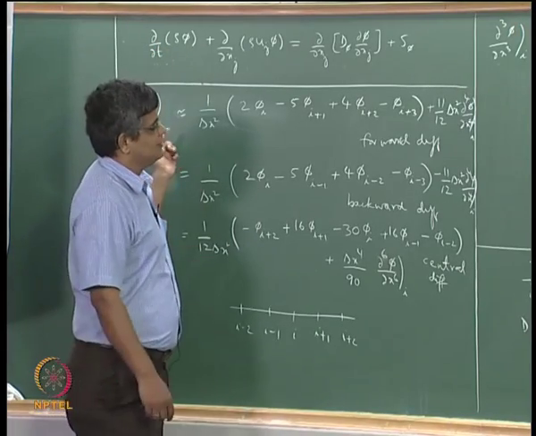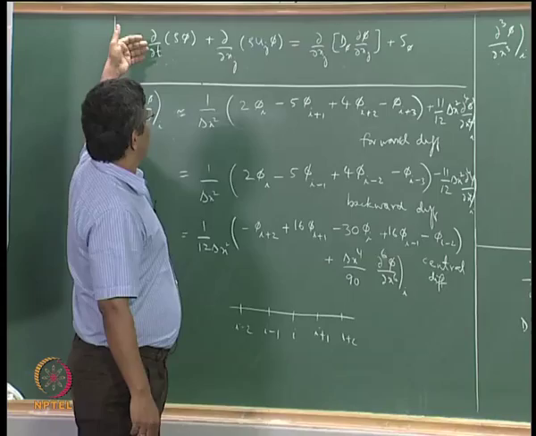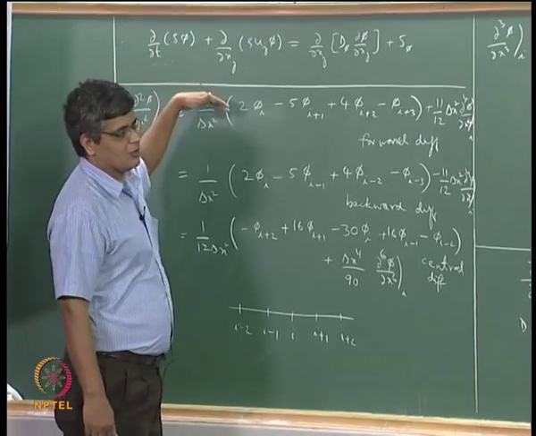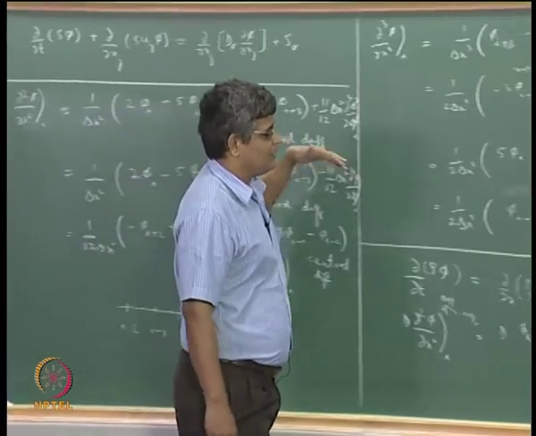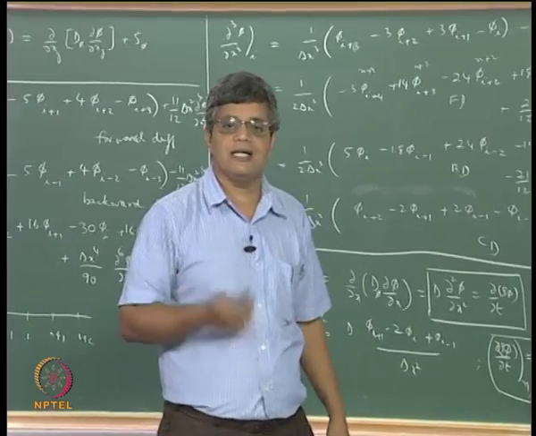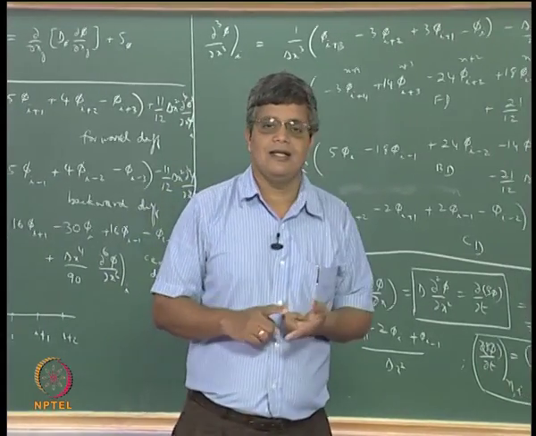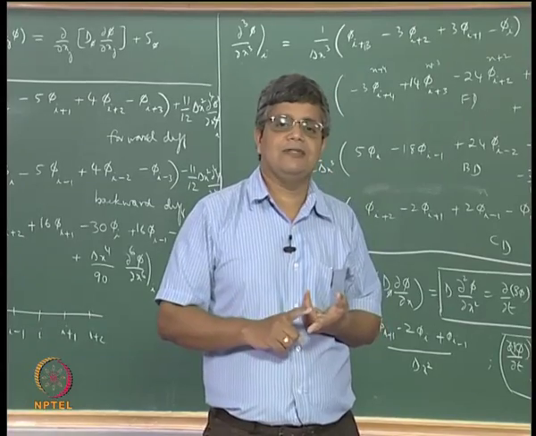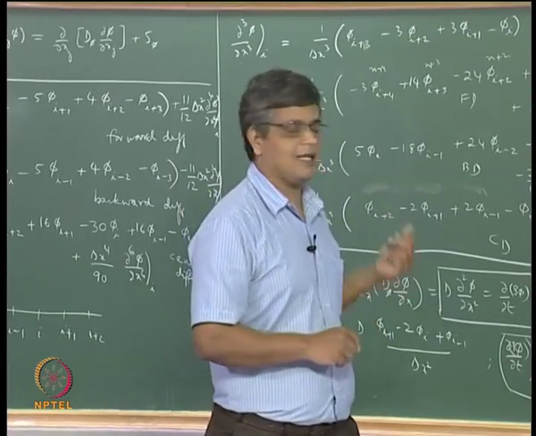Okay, so with this we will be able to convert a given partial differential equation into an approximate form of a chosen accuracy, chosen by us, in terms of the derivatives involving the x direction, y direction, z direction and time direction.